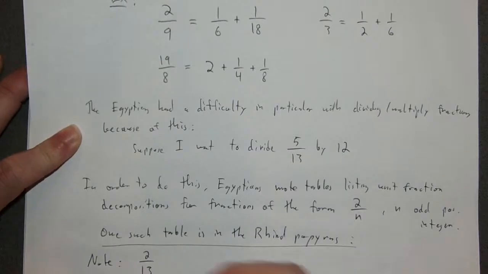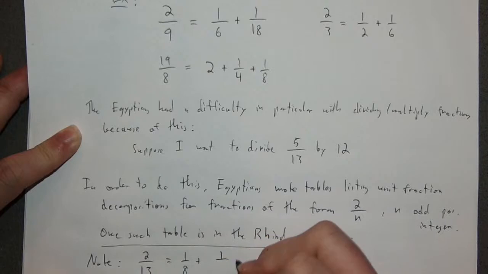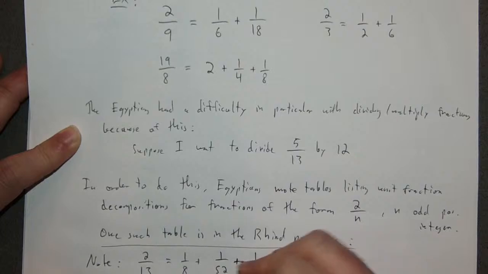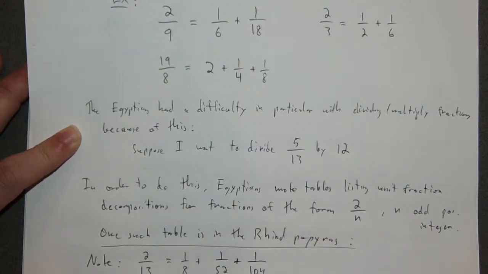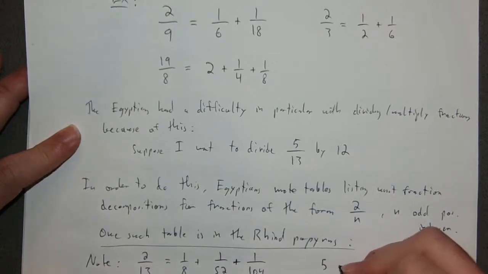So 2/13 is 1/8 plus 1 over 52 plus 1 over 104. I want to use this together with the fact that 5 is 2 times 2 plus 1.